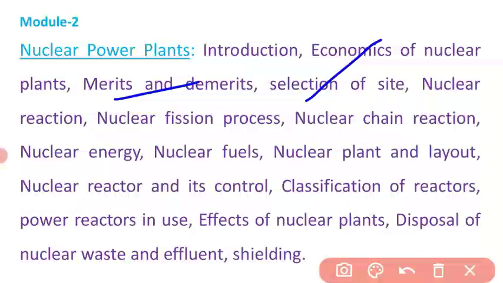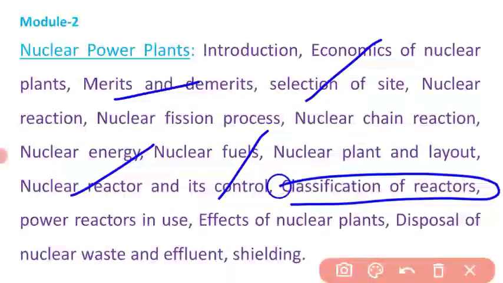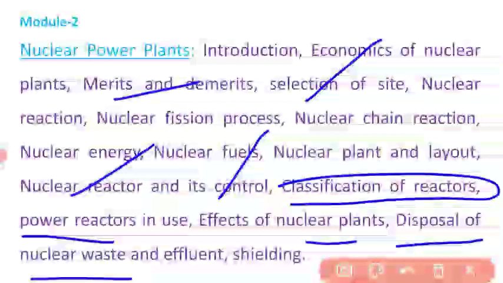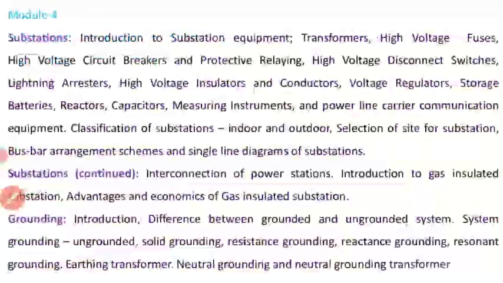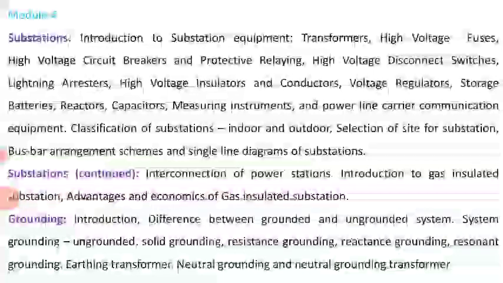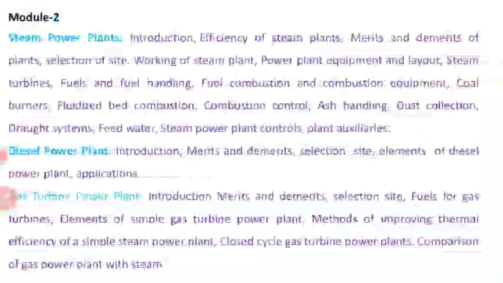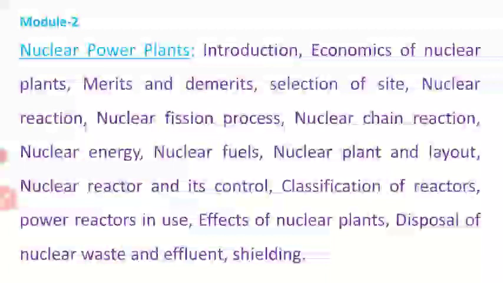In this nuclear power plant we use the nuclear reactor and its control, classification of reactors, power reactors in use, effects of nuclear plants, disposal of nuclear waste and effluent, and shielding. This syllabus is under module... sorry, it is module 3. Nuclear power plant is module 3. Module 2 I have discussed.